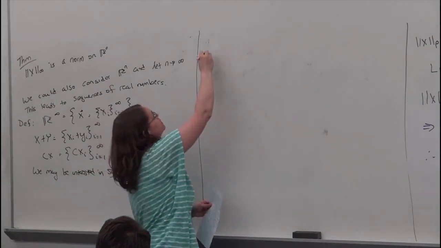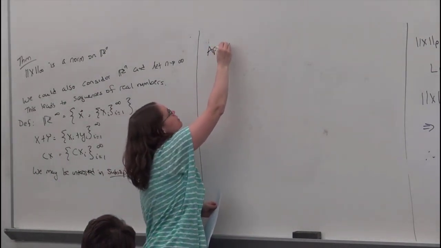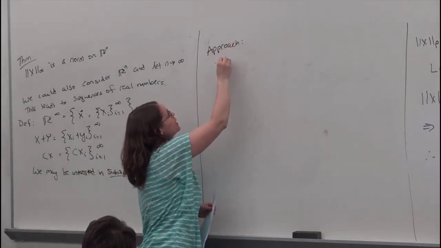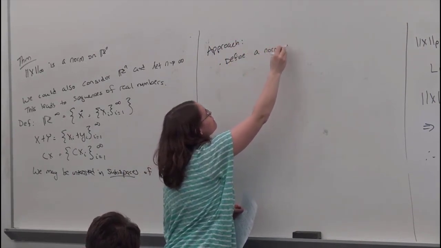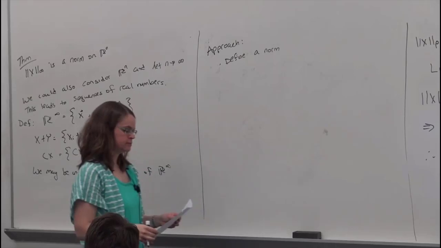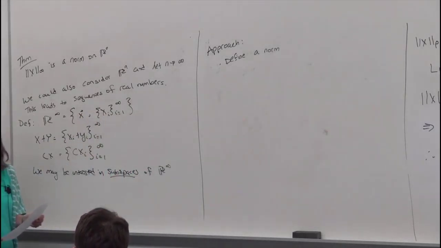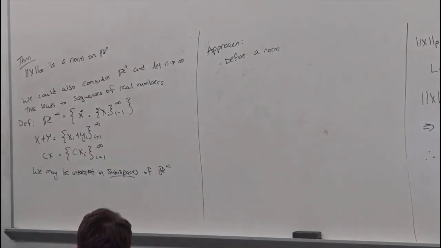So the approach would be to define a norm. Now, to have a normed vector space, the norm has to spit out a finite value. It has to spit out a real number, right?